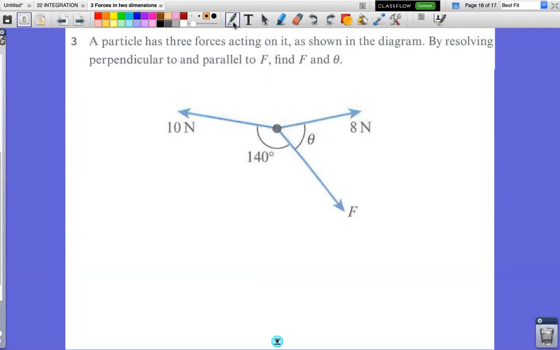So a simple way to do it will be to resolve parallel and perpendicular to F. Then we can eliminate F, so we will have one equation with one unknown, because the component of F that will be perpendicular to F will be 0.